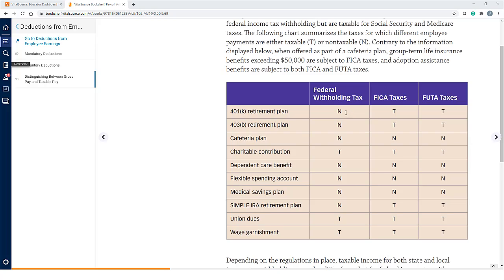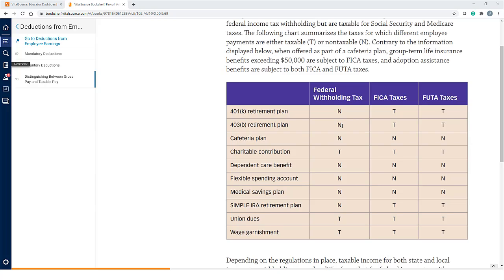So for the 401k plan and 403b plan, there's the letter N here. It means that it's not subject to income tax. So if the taxpayer takes money out of the paycheck, withheld from the paycheck, and it goes into this plan, it is not subject to federal income tax.